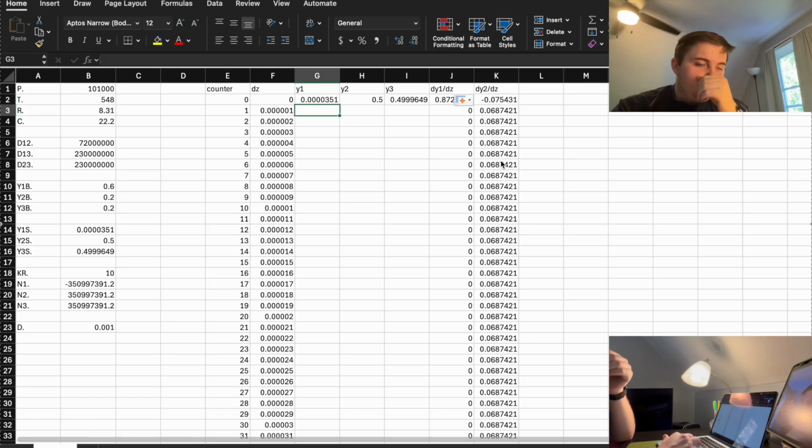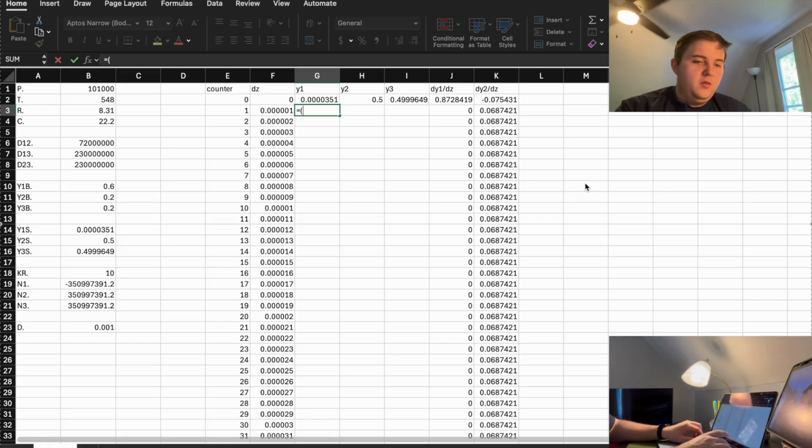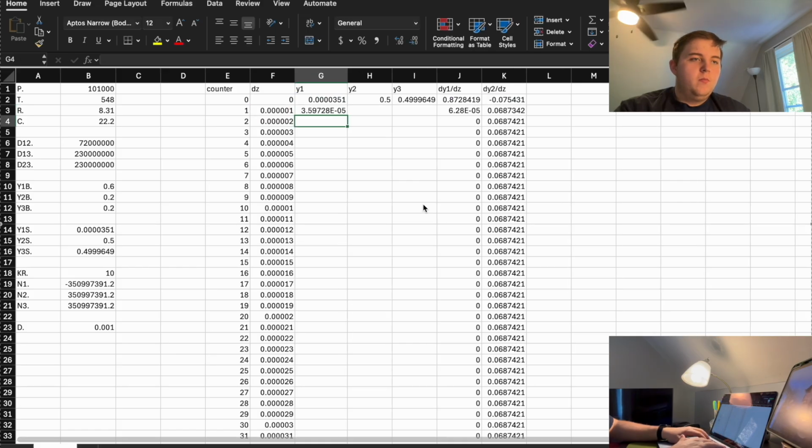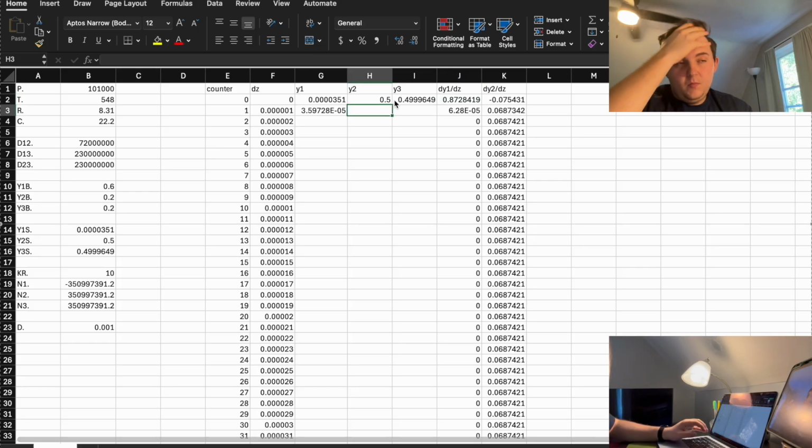Yeah, okay, looks good. So for our second part of y1, it's going to be equal to the cell above it. We don't really need a parentheses. Cell above it, and then that's going to be added to our counter, multiplied by our dy1 dz. Okay. Something seems off. I'm going to continue going, but once I get this part done, I'll double check everything.